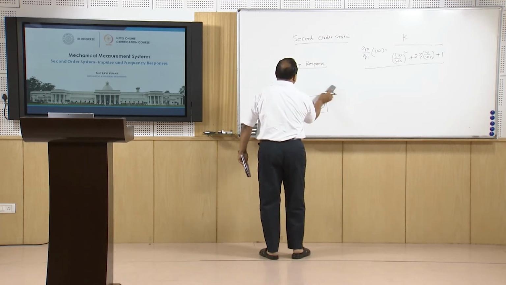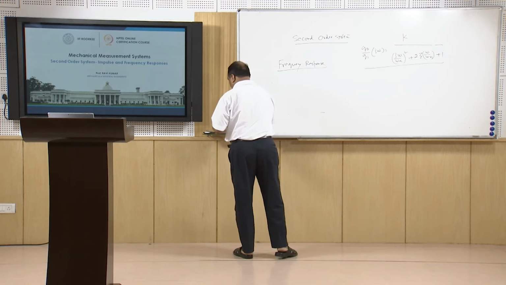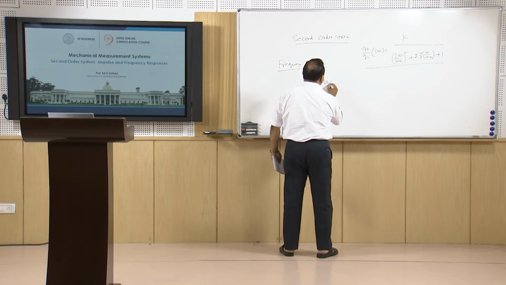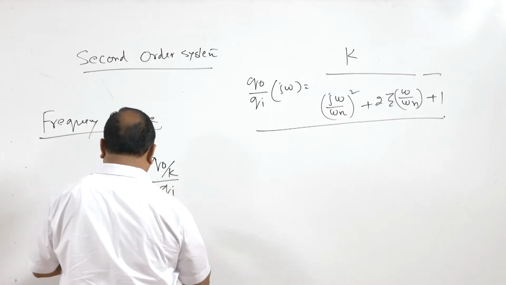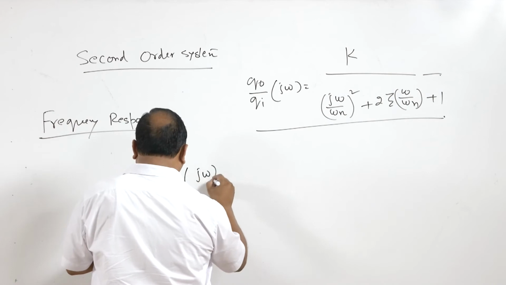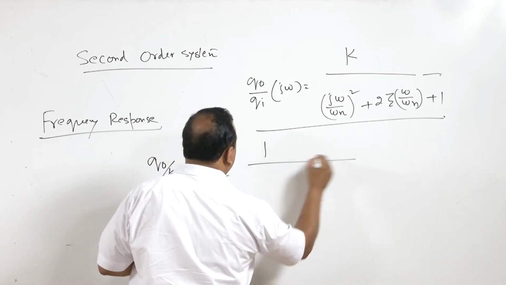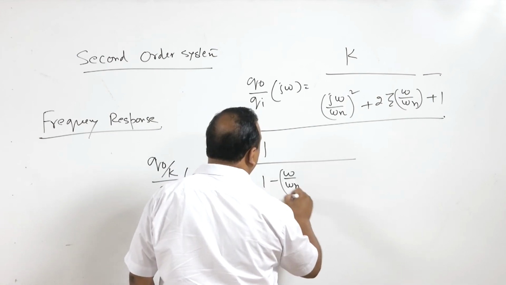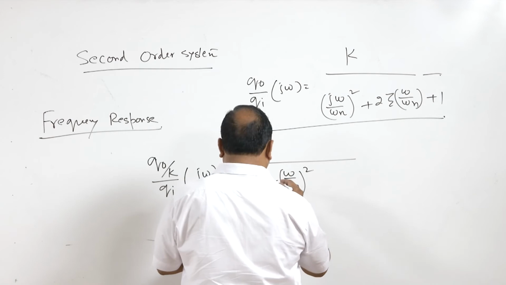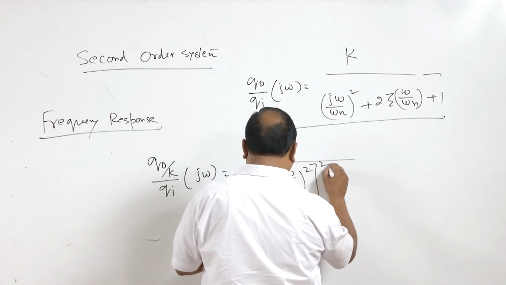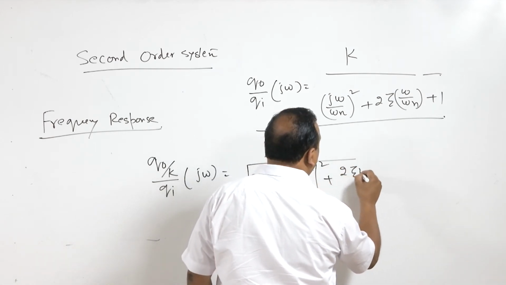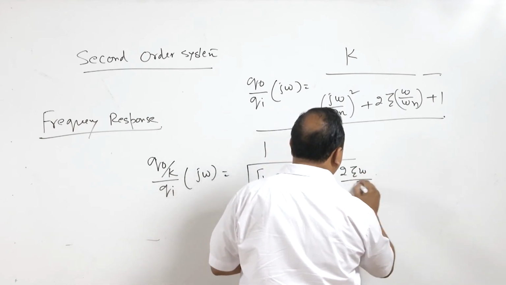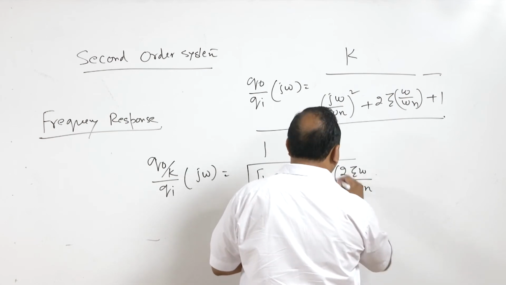in second order system, the amplitude ratio is (Qo by k) divided by Qi (i omega) is equal to 1 by under root of (1 minus (omega by omega n) whole square) whole square plus (2 zeta omega by omega n) whole square.